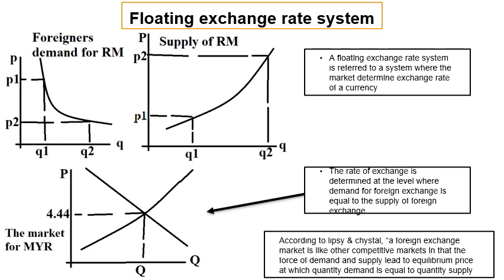So the rate of exchange is determined at the level where the demand for foreign exchange is equal to the supply of foreign exchange. The value of the Malaysian ringgit will be determined where the demand for the RM and the supply of the Malaysian ringgit intersect each other.